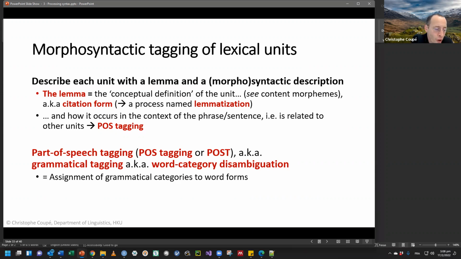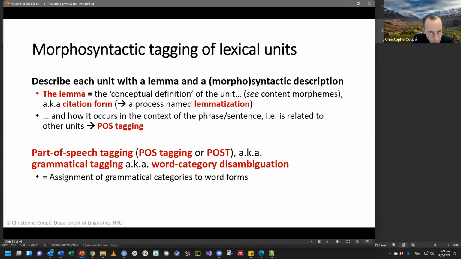You will find singer only, because in the dictionary, you only have the singular form. So that would be the lemma. In a dictionary, you will have the verb to sing, but you won't have sang or sung for the past tense. So to sing would also be the lemma.